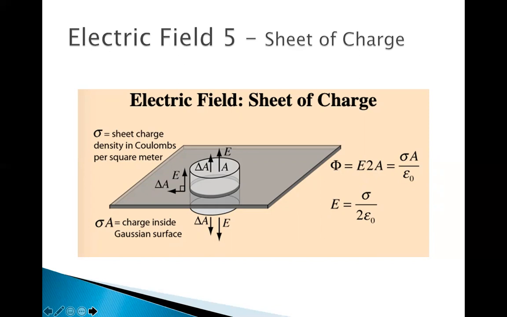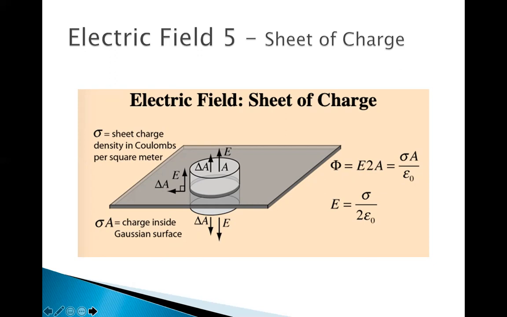Here we introduce another new concept. Sigma is what we call the area charge density, or sheet charge density. It's coulombs per meter squared. So now we've introduced the linear charge density and the area charge density. These are new concepts. It's not what we understand as, let's say, the density of water.